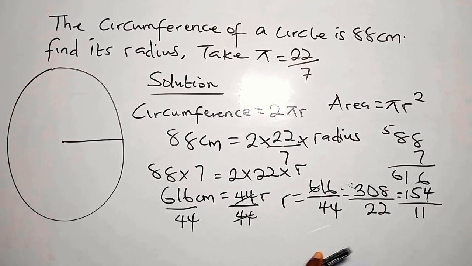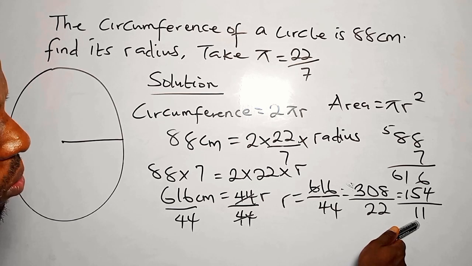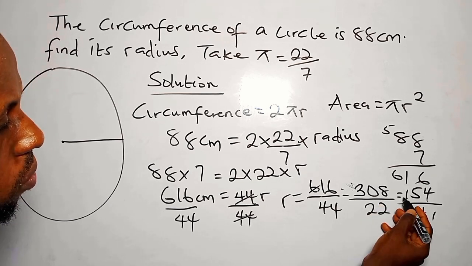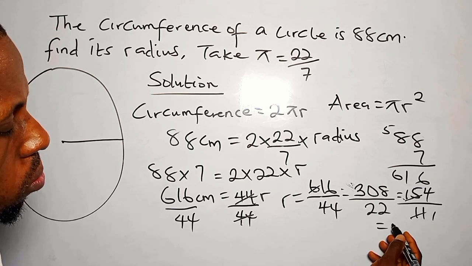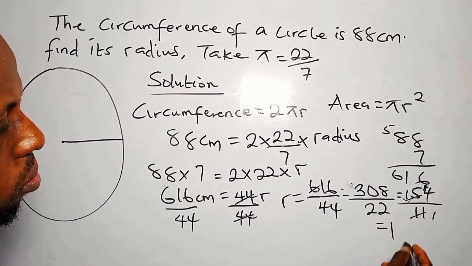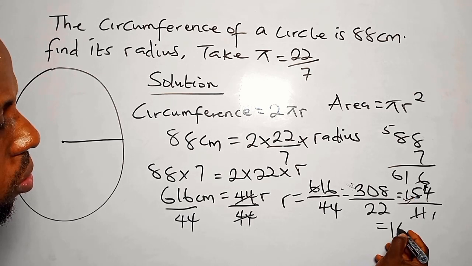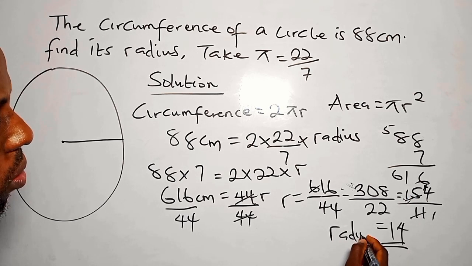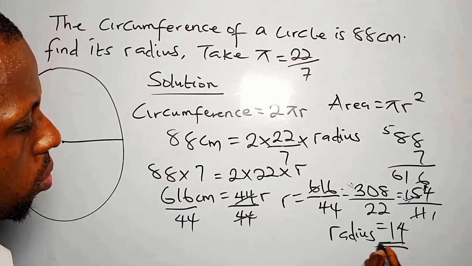For 154 divided by 11, we can use 11 to simplify. 11 into 15 is 1, with 4 as a remainder. Adding that gives 44, and 11 into 44 is 4. So that means 14 is the radius of the circle.